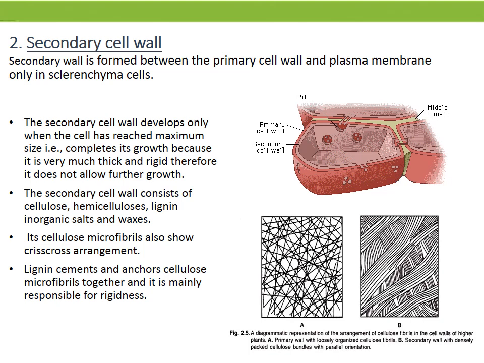The secondary cell wall consists of cellulose, hemicellulose, lignin and inorganic salts and waxes. Its cellulose microfibrils are shown in a crisscross arrangement. Lignin cements and attaches cellulose microfibrils together and it is mainly responsible for rigidness.